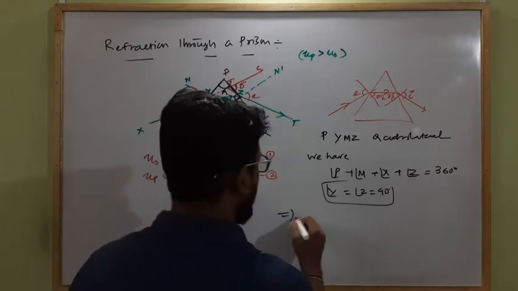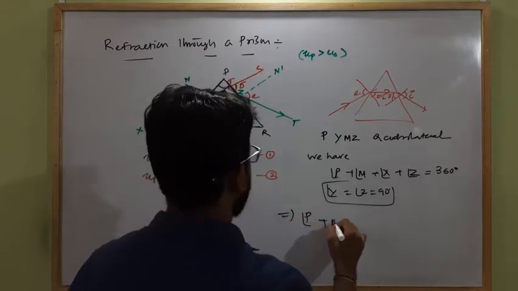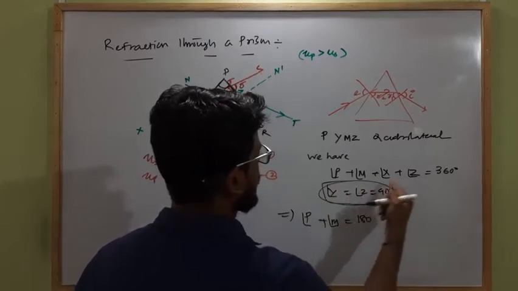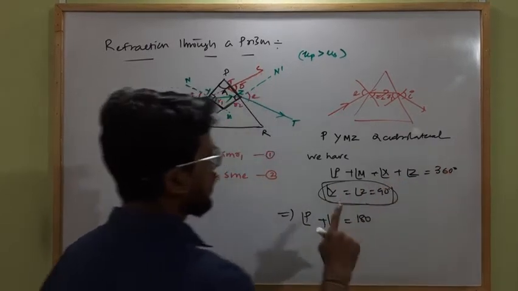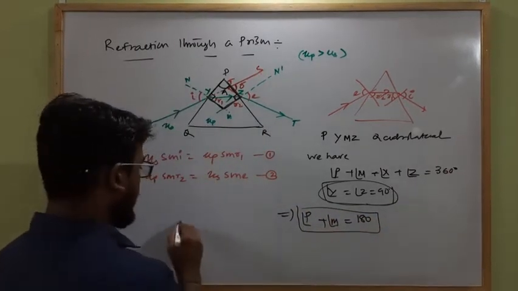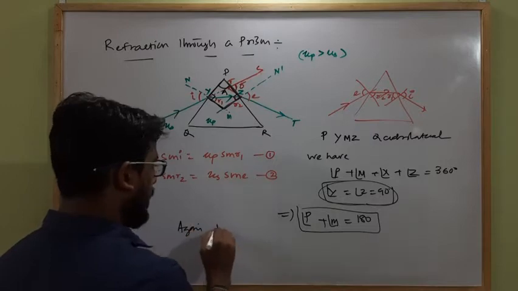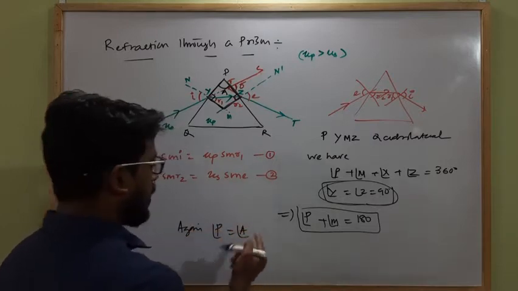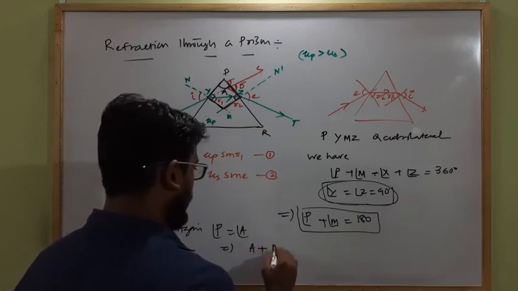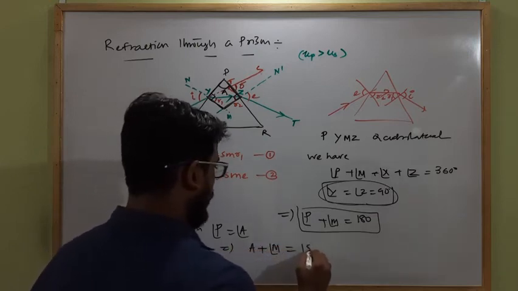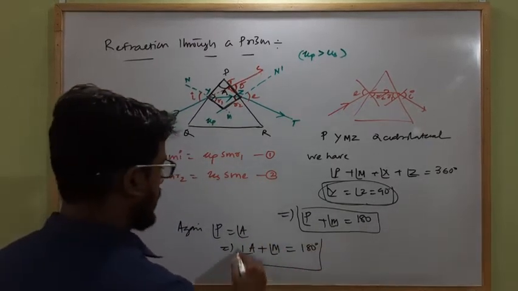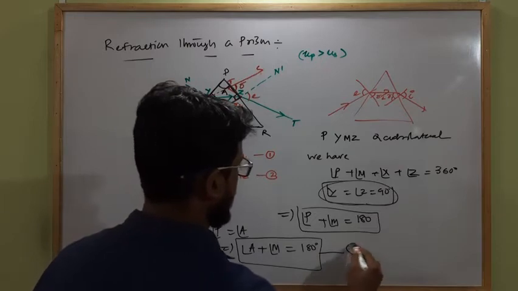So you get angle P plus angle M equal to how much? 180, because these two are already 90 and 90, and 360 minus 180 is 180. So P plus M equals 180. Again, P is the angle of prism A. So angle of prism A plus angle M equals 180 degrees. Clear? So remember this relation. Let it be equation 3.